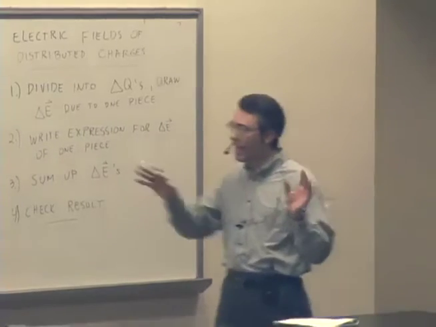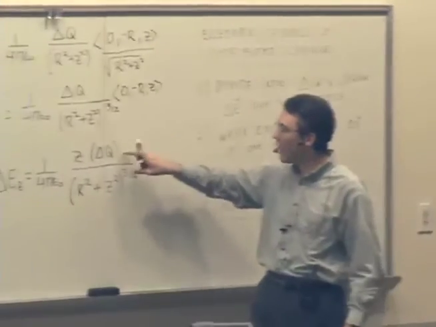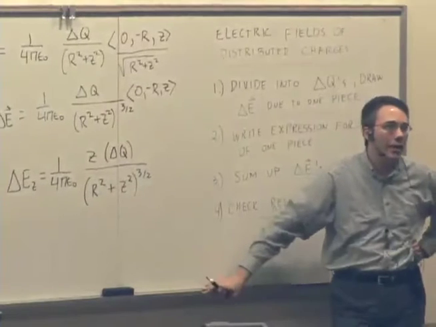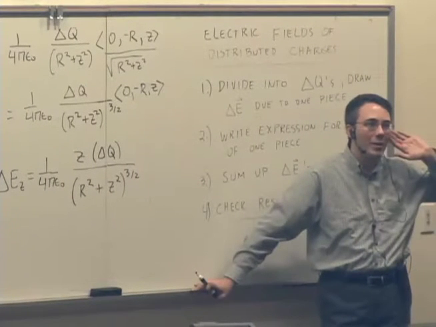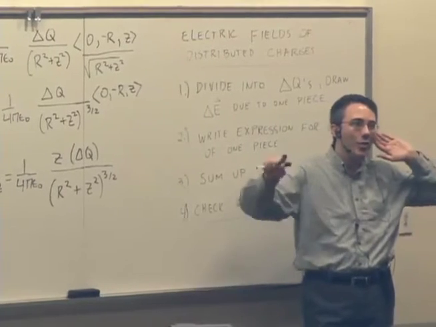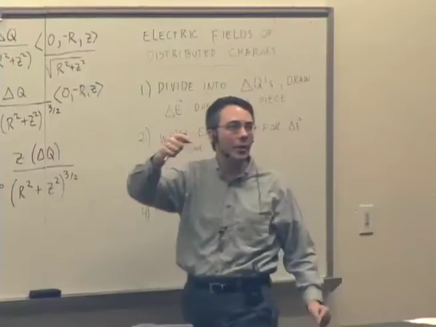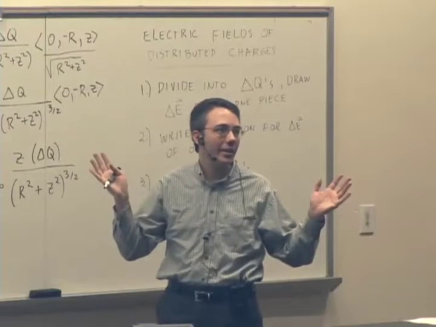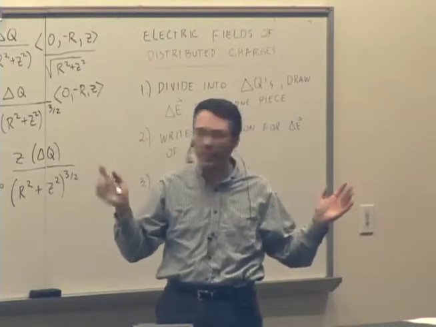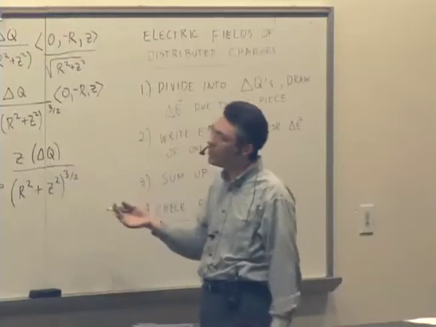That's true. Everything has to become an infinitesimal, but we have to write this delta Q in terms of, what do we call that special thing? The variable that's changing as we go around the ring is called, in general, the integration variable. So we have to put delta Q in terms of the integration variable.